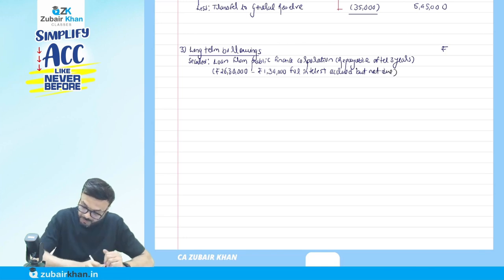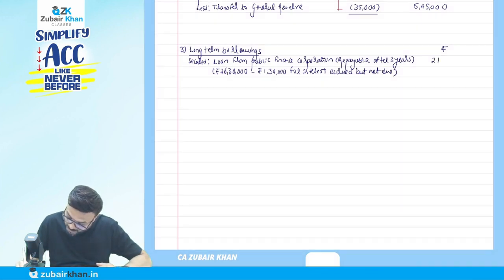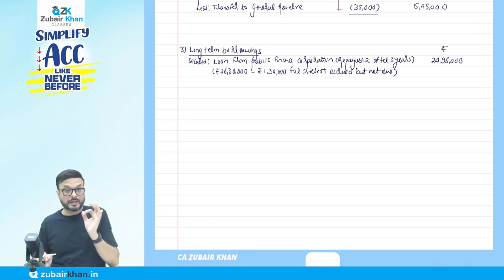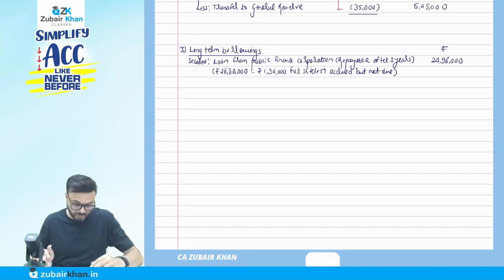How much is it coming? 26,30,000 minus 1,34,000 is 24,96,000. But remember that this 1,34,000 we will mention under other current liability. First write it down.